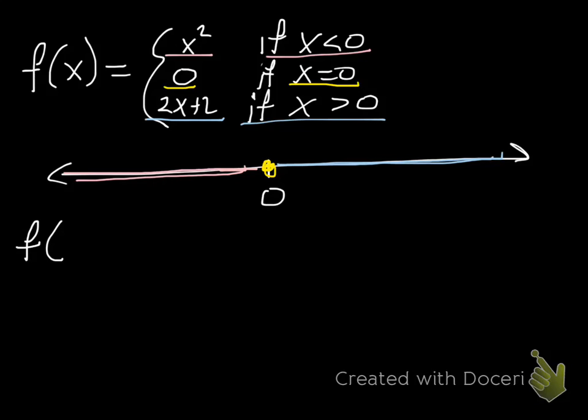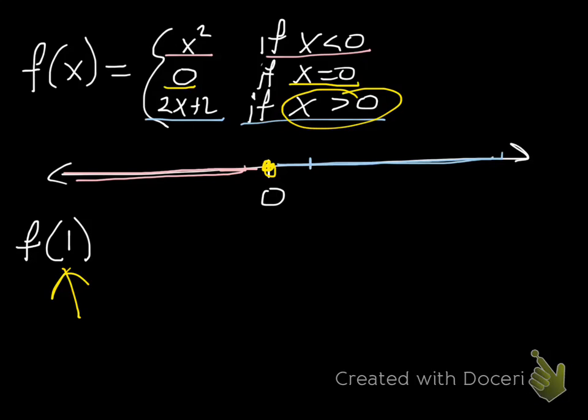This particular question, they wanted us to evaluate the function at a couple of different values. So one of them, they wanted us to find f of 1. So when we use the function notation, what's inside the parentheses there, that's our x. And what we need to do is figure out where 1 lives. Is it less than 0, is it equal to 0, or is it greater than 0?